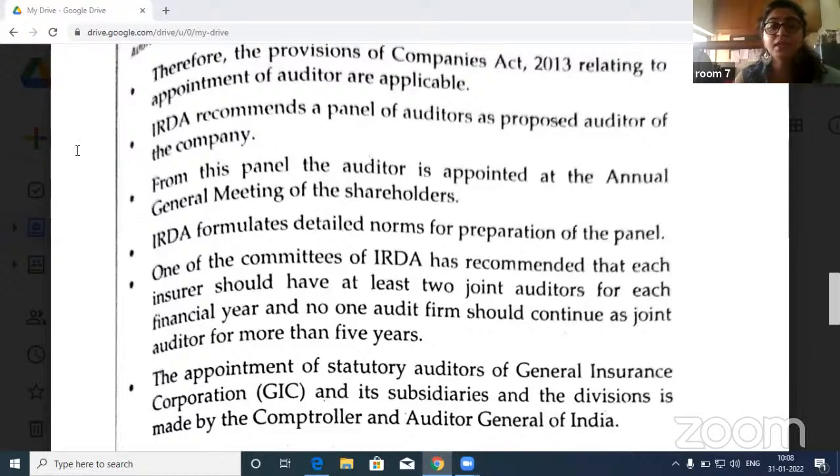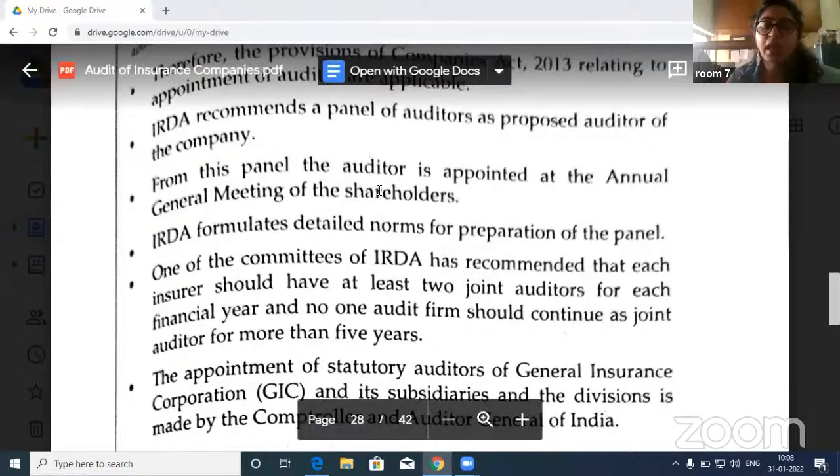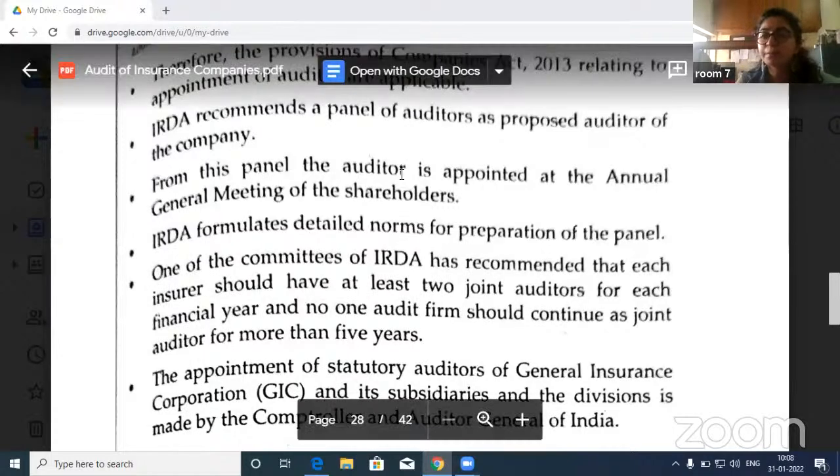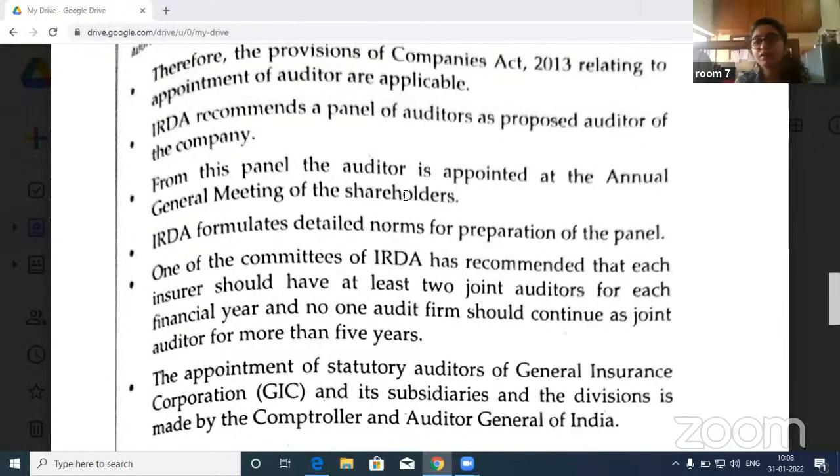It will be conducted for the shareholders. And why do they conduct this meeting? To appoint the auditor. So if the annual general meeting is going on, shareholders will definitely be there, and they will appoint the auditor from that particular panel. Panel means group of auditors.